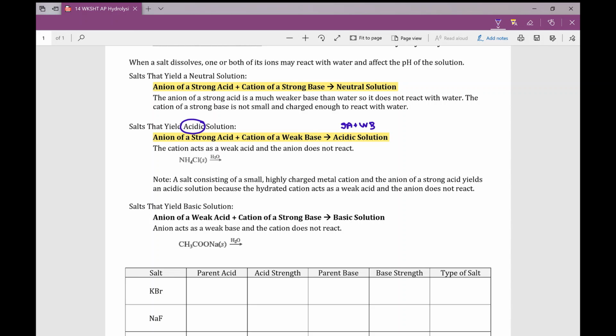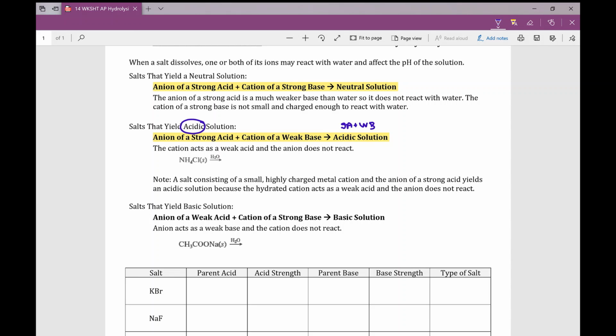That's a great little shortcut to figure out what type of solution you have, but it's really not the strong acid that causes the acidic solution. It has to do with the cation of the weak base.